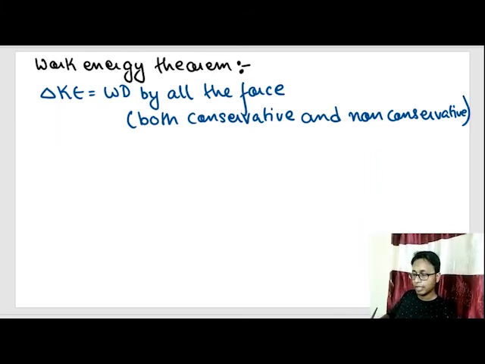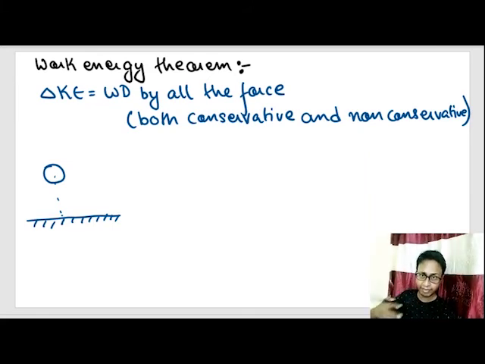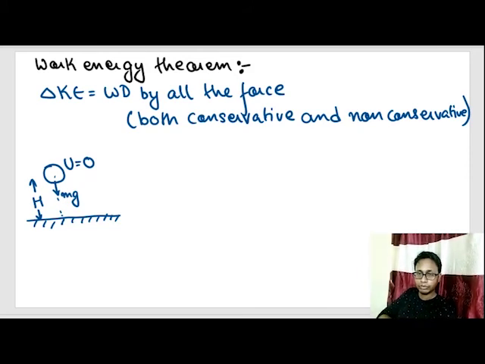Now let's take an example of a ball lifted up. As I lift the ball to height h, there is a gravity force acting downwards, mg. The initial velocity of the ball is 0. You will remember that in kinematics we solved formulas like v equals u plus at and v square equals u square plus 2as.